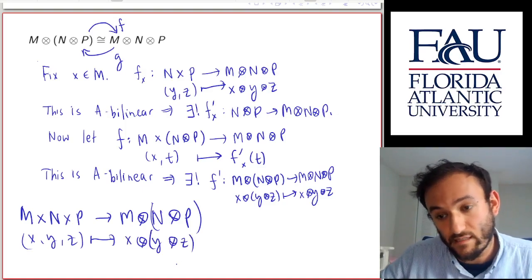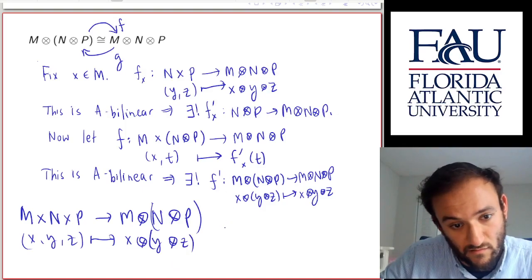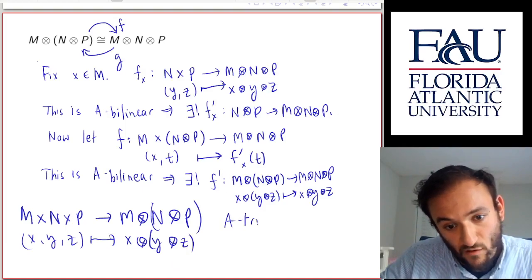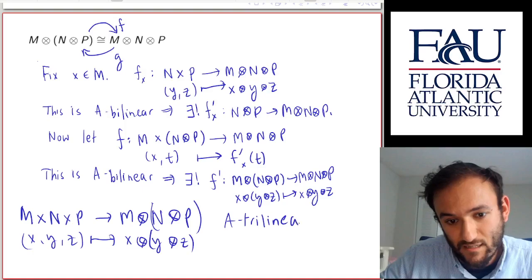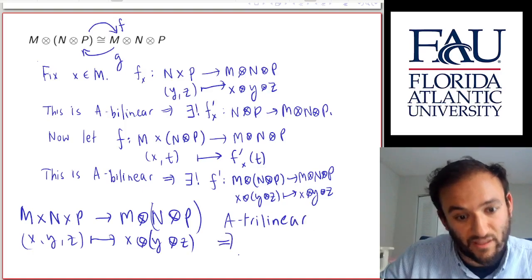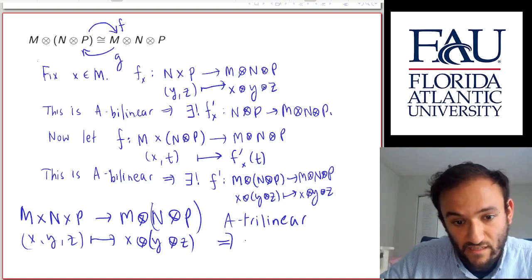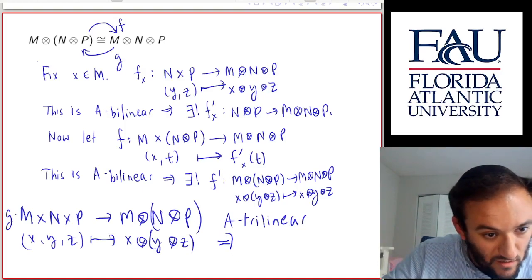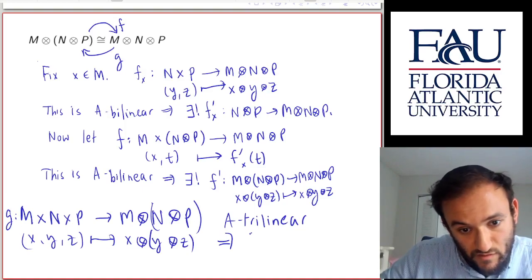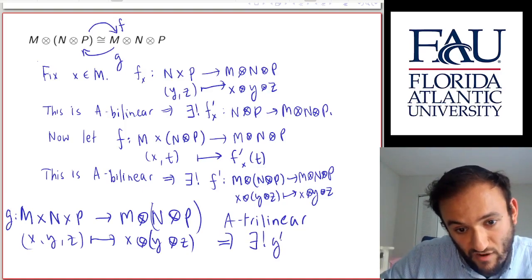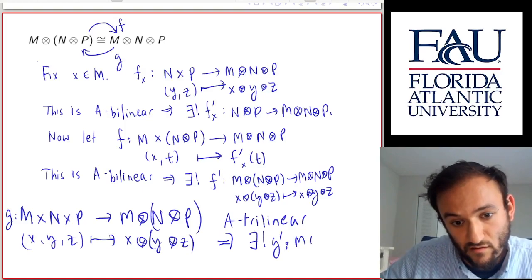It's plain to see that this is trilinear in this case. So that implies we have a unique homomorphism. Let's call this G. So there's a unique G prime from the three-way tensor product.